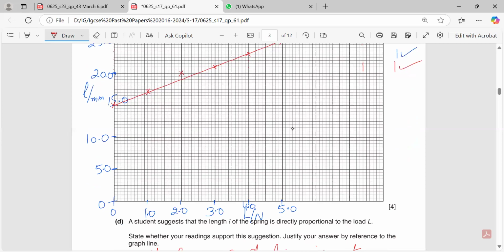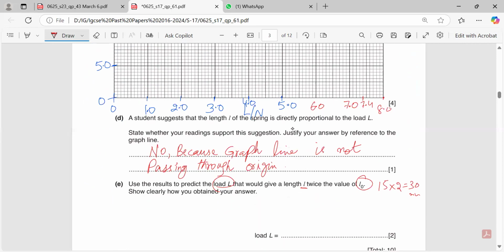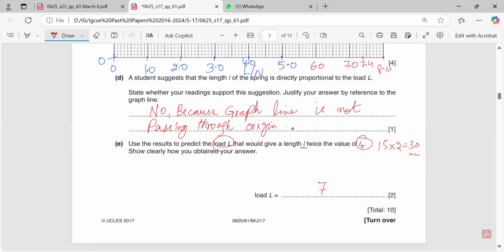This is basically this 1 point. So let's see, this is 6.0, this is 7.0, and this is 8.0. So what is this value? 7.1, 7.2, 7.3, 7.4. So my dear friends, the load here will be 7.4 Newton.